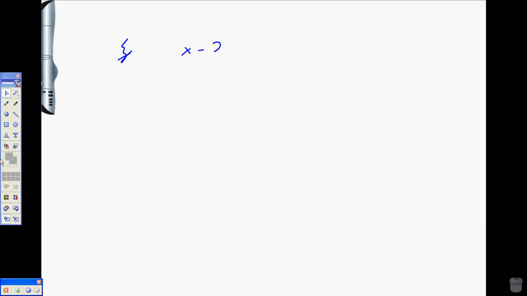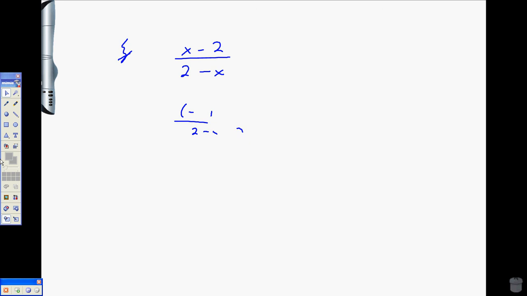X minus 2 over 2 minus x. Now that's fishy because it's the exact same terms, x and 2, in different positions in the numerator compared to the denominator, separated by a negative. Well, if I factor out a negative 1 out of the numerator or the denominator, it doesn't matter which one you do it to, but pick one, that becomes a negative x and a positive 2 over 2 minus x.